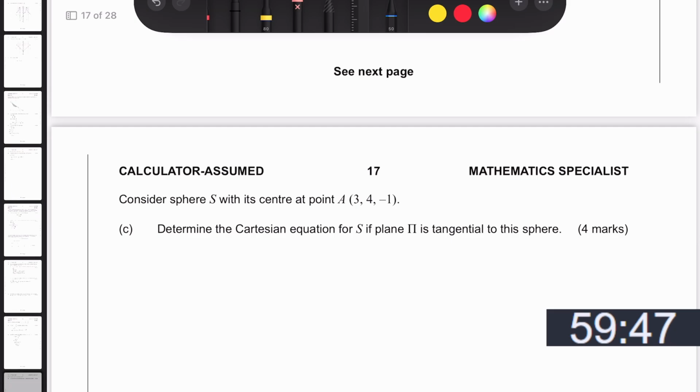Consider the sphere with the center at that point. Determine the Cartesian equation for S if the plane is tangential to the sphere.